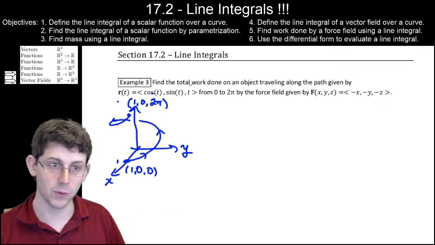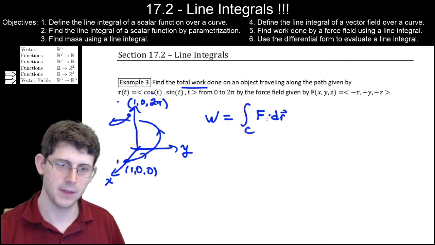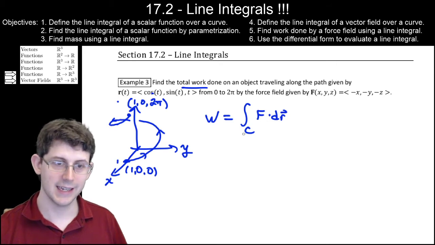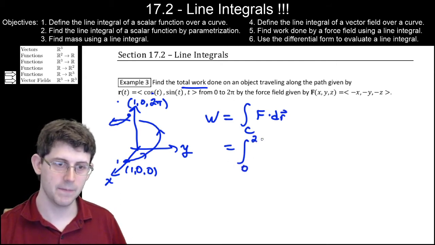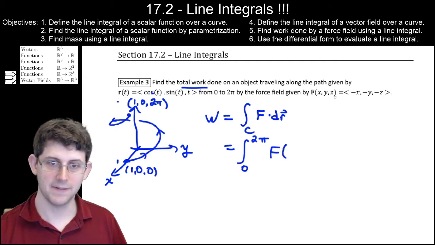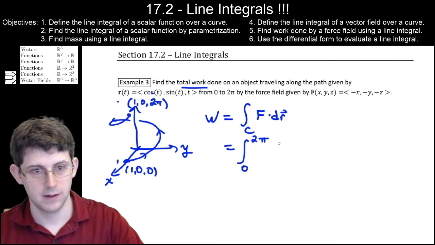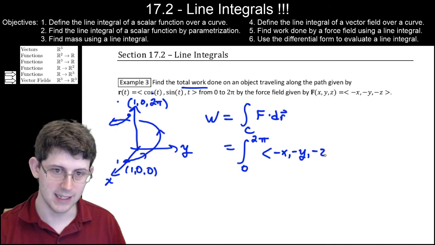How do you find the total work done? Well, the work is adding up all the little force times distances. And to get C out of here, you use the parameterization. Here's my parameterization. The t bounds are from 0 to 2 pi. F is f of xyz, which is minus x, minus y, minus z.